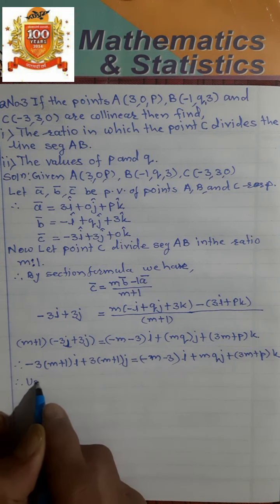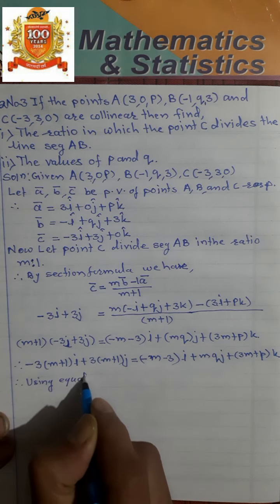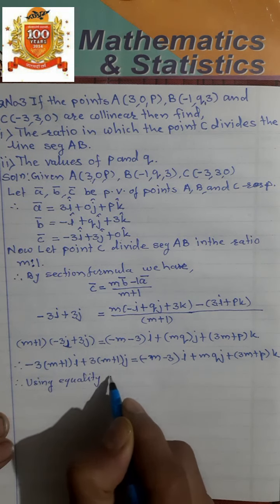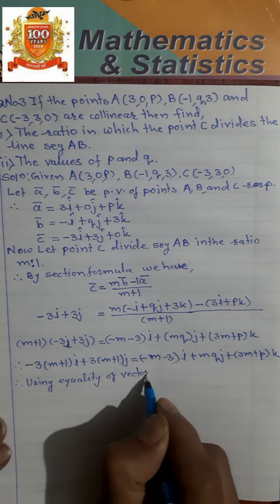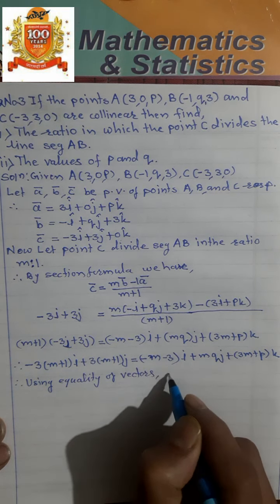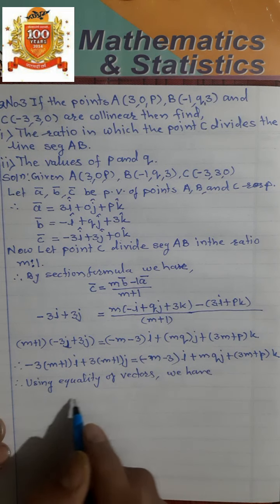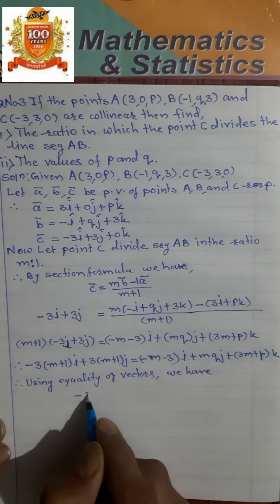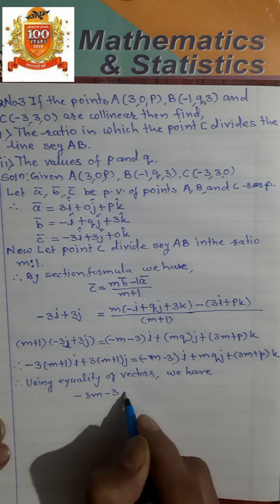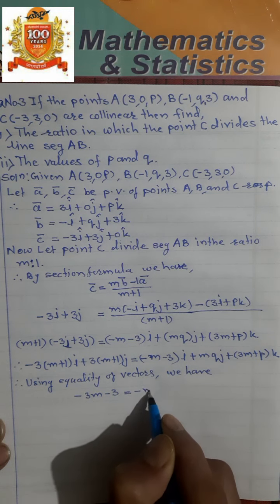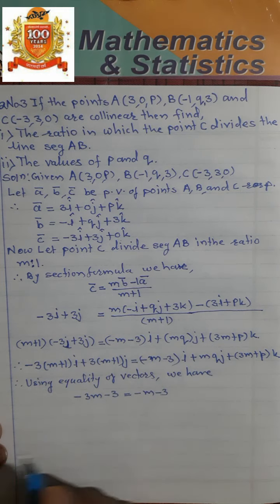Using equality of vectors, comparing coefficients of i, j, k, this is one: minus 3m minus 3 is equal to minus m plus 3.